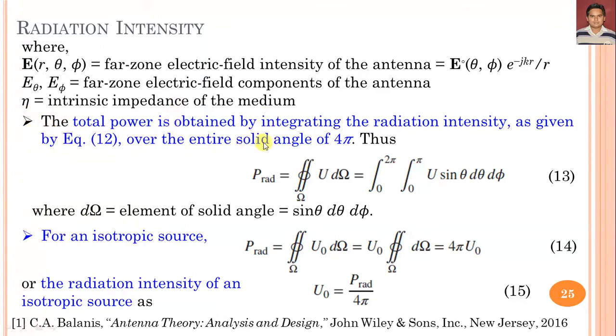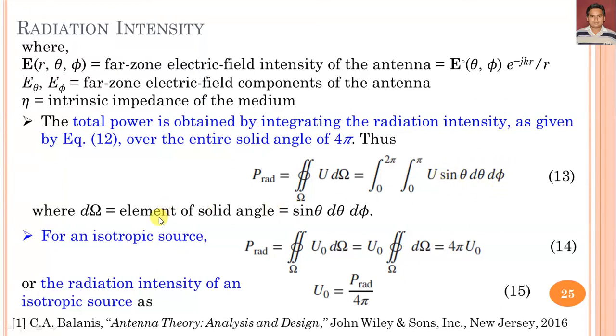The total power can be obtained by integrating the radiation intensity, as given in equation 12, over the solid angle of 4 pi. As you can see, P radiated equals the integral of U d omega, taken over theta and phi. We put phi from 0 to 2 pi and theta from 0 to pi, where d omega is equal to sine theta d theta d phi, as seen in equation 2 of lecture 1.